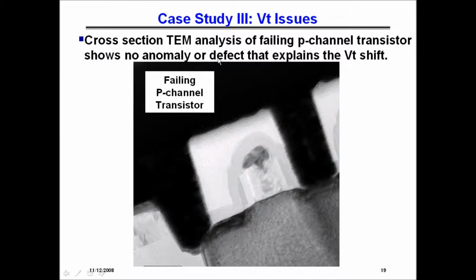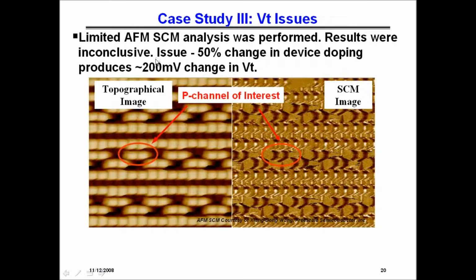We did cross-section TEM analysis of the failing P-channel transistor, and it showed no anomaly. Again, no missing silicide or any other type of defect that we could see. Submitted the sample for scanning capacitance scan.